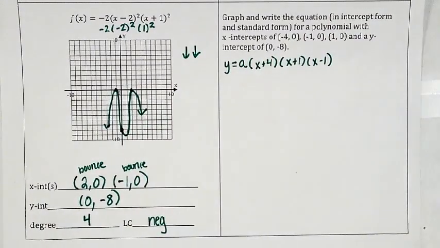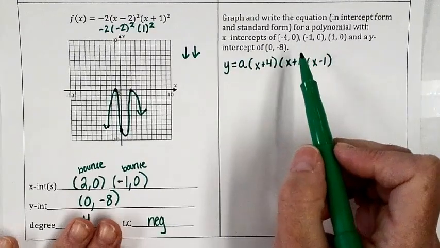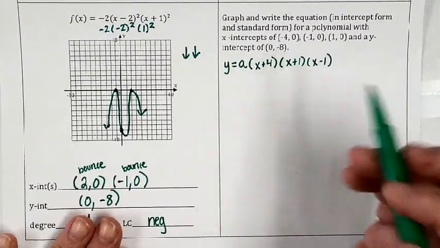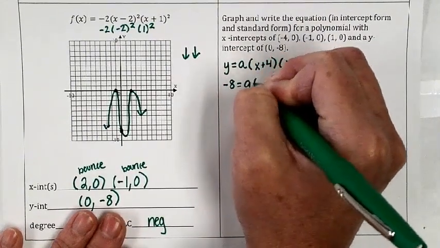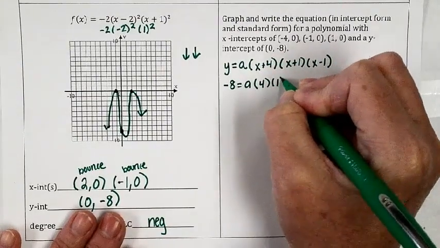So I need to figure out what a is. We're going to use our y-intercept for that. I'm going to plug in 0 for x and negative 8 for y. So we have negative 8 is equal to a times 4 times 1 times negative 1.